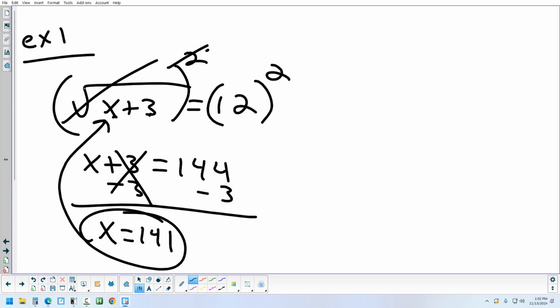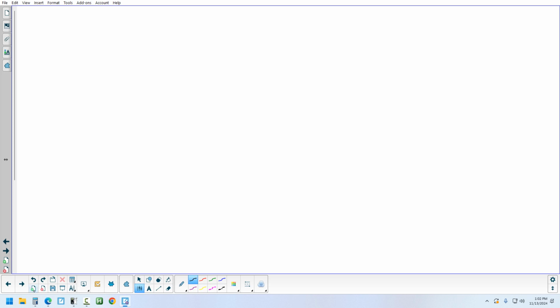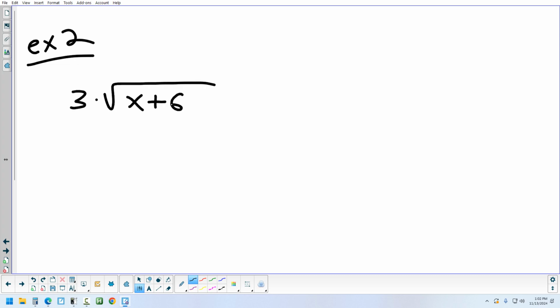All right, let's try the next one. Let's do 3 times the square root of x plus 6 equals 21. Okay, so first step. Is the square root by itself?